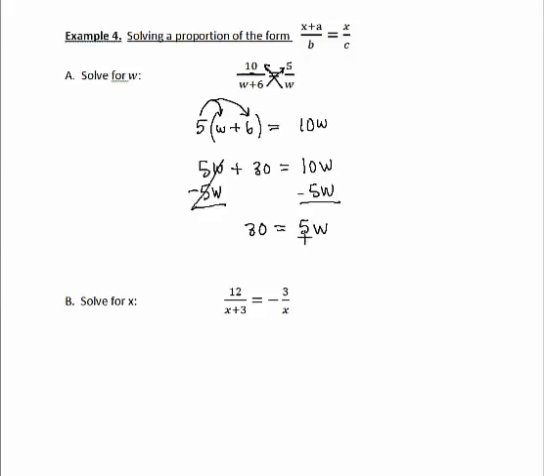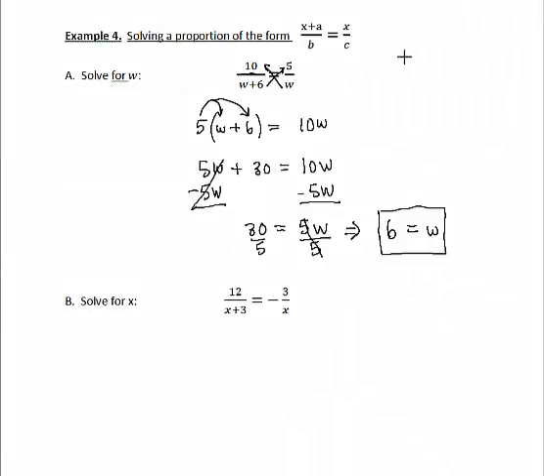And to finally get w by itself, we divide by 5. And 30 divided by 5 on the left would give us a 6, and the 5's cancel on the right, leaving the w by itself, and so w equals 6. Doesn't take long to put it in the original fraction and check the answer.